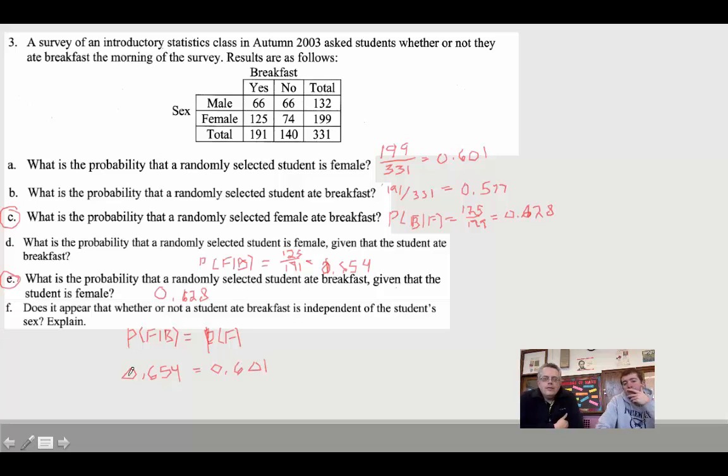So telling you that the person had breakfast affects the probability a little bit. But for independence, usually we want it to be exactly the same. So we would say no, they're not independent. If it didn't matter that I tell you they had breakfast, then it would be independent. But it matters.